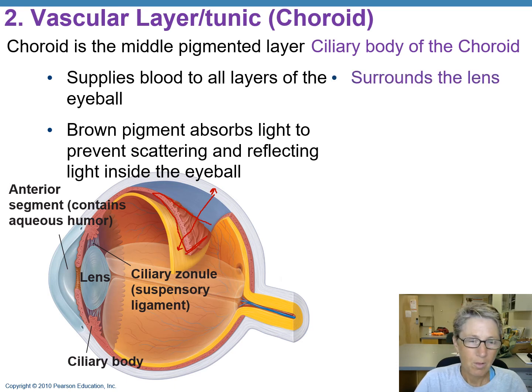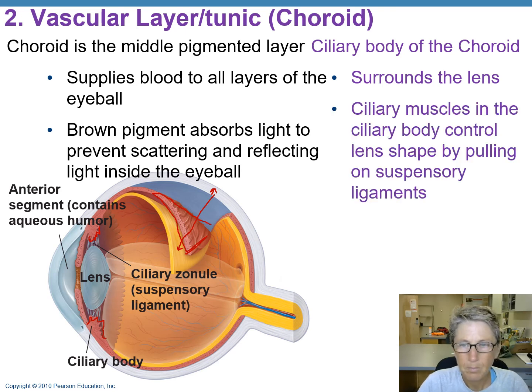So then there's the ciliary body of the choroid, and we talked about this earlier, but this is this piece right here. This is all ciliary body of the choroid, and it surrounds the lens. And within the ciliary body, there's ciliary muscles, and the ciliary muscles, when they contract and relax, will pull on these suspensory ligaments and will make the lens flatter or more globular.